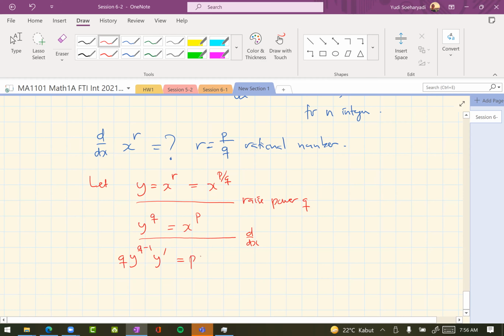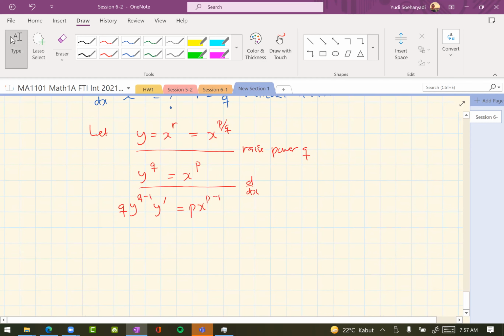The right hand side is easy. If you solve for y prime, you get this one here: p over q times x to the p minus 1 over y to the q minus 1. So what is p over q? I just write this as r.